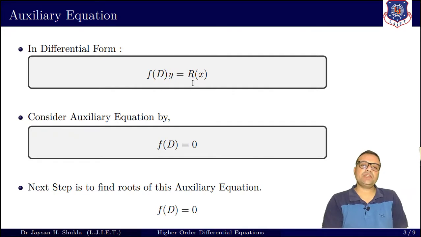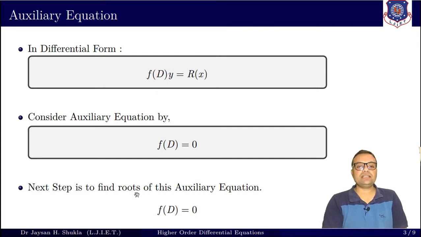Now let us begin with the complementary function, which will be the first part of the general solution. For that I am taking f of D equal to 0, which is known as the auxiliary equation or characteristic equation.